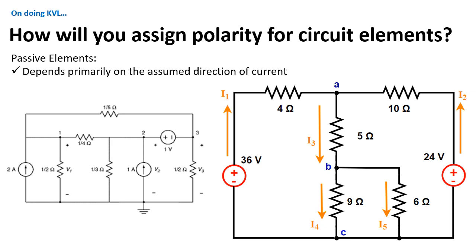Why? Because the loop direction is opposite to the current direction. So that's the rule for passive elements. Loop direction same as the current direction, negative voltage drop. Loop direction opposite to the current direction, positive voltage drop. You have to remember that since today.